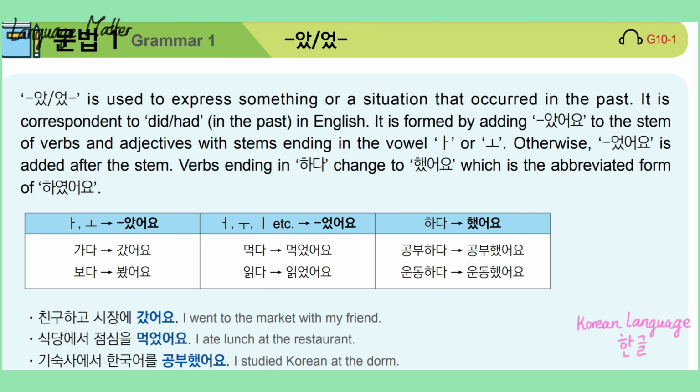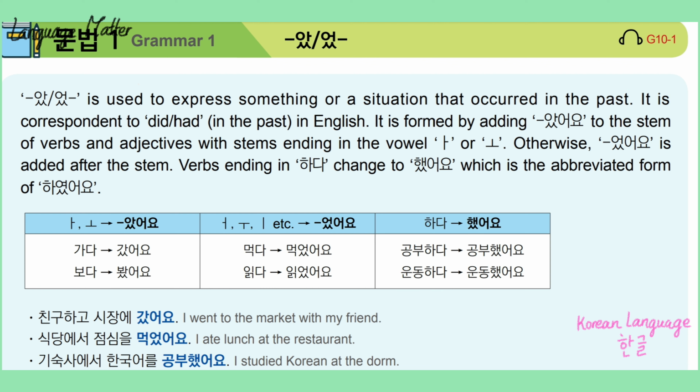If you want to change the verb to the past, you need to add another ending before the 어요. It's always 어요 when we put another ending in front of it. So just remember that. If you make a verb past, first you add 았 or 었, and then you add 어요.